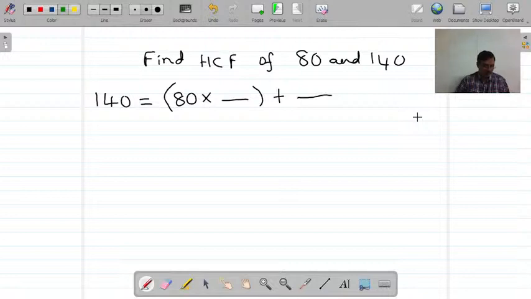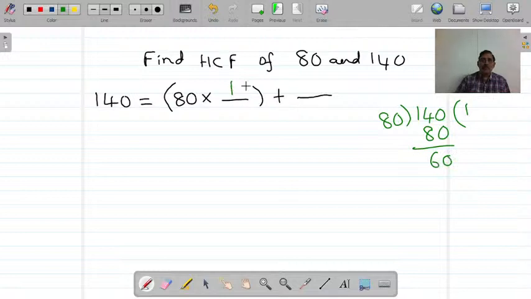Okay, very good. For the first step, what happens? 140, you have to divide with 80 only one time. 1 80 is 80. Then here you can see 80 into 1 plus 60. Right. Next step, what happens? This will become dividend.